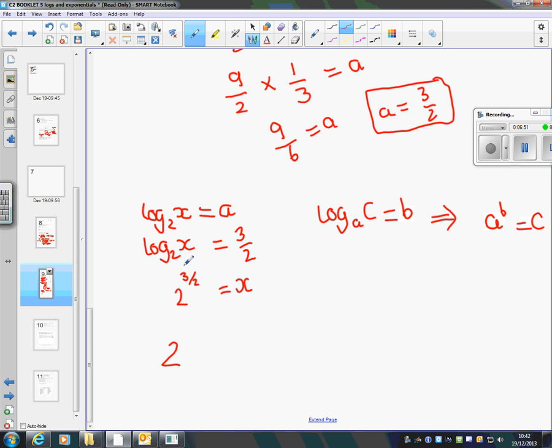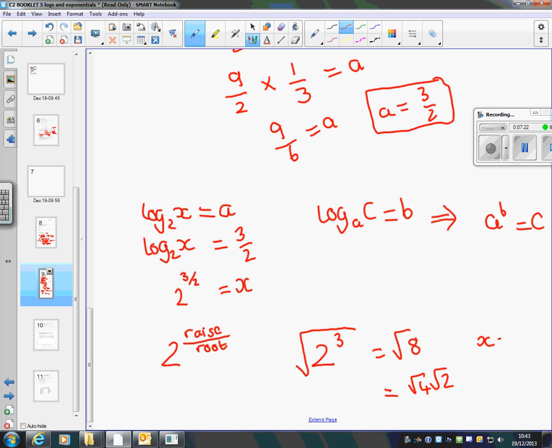Now, obviously you have your calculator at C2, but if you also remember when we've got a power as a fraction, remember raise over root: 2 to the power 3, so raise it to the power 3, and then root it to the power 2, so square root it. So we've got square root of 2 cubed, which is the square root of 8, which can be simplified as root 4 times root 2.